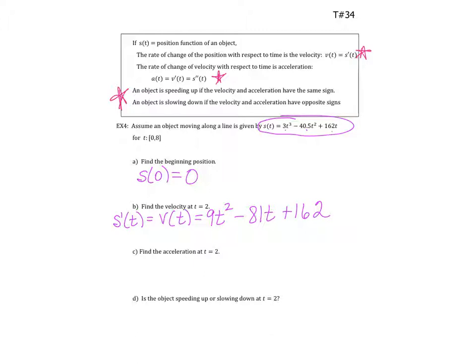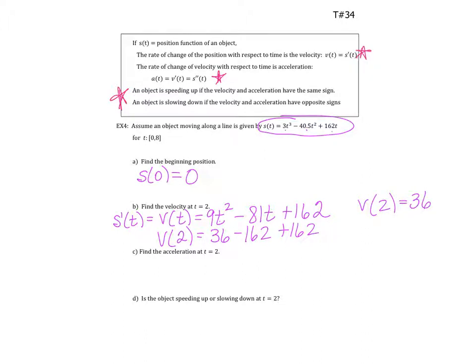Now, that's not what it asked me for. It asked me for velocity at 2. So once I have that, I'm just going to plug in a 2. 9 times 2 squared would be 4, that'd be 36. 81 times 2 is 162, plus 162, that works out nicely. So I get v of 2 equals 36.